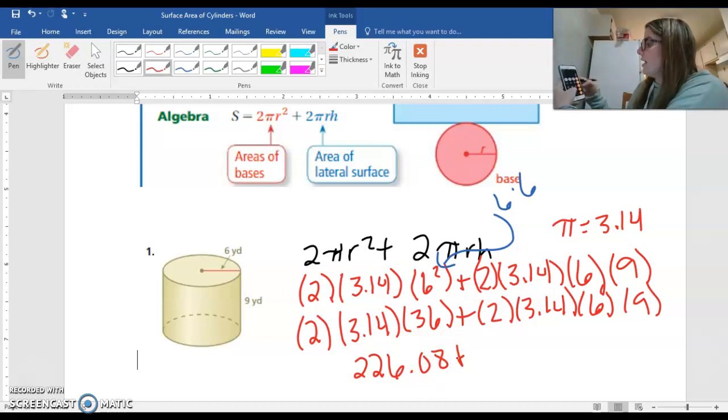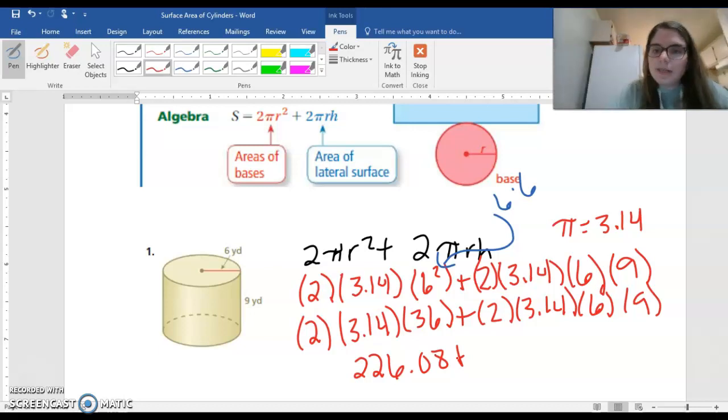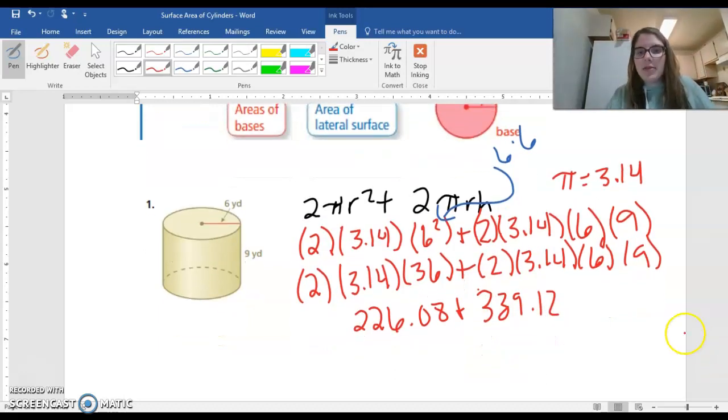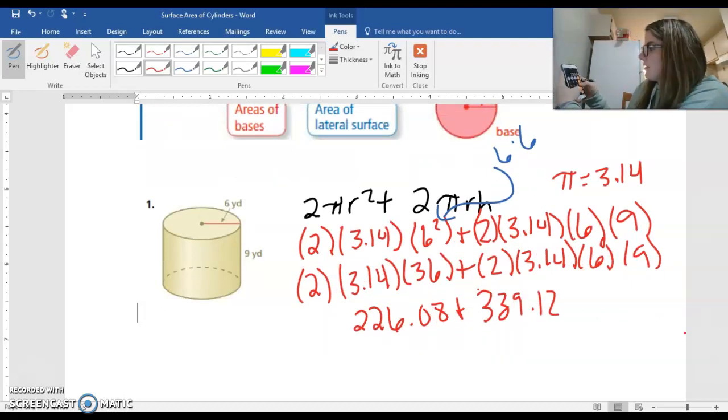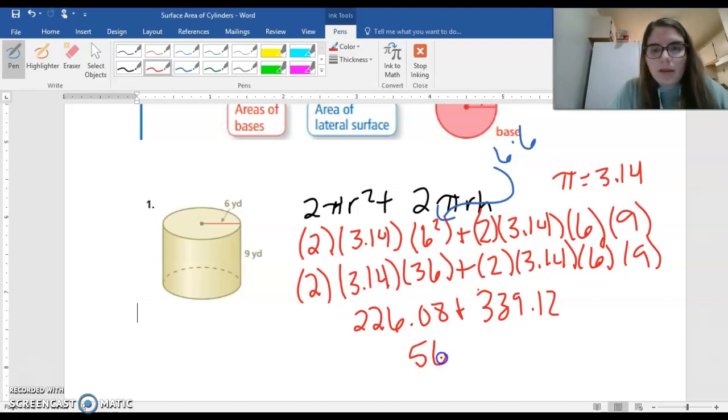Plus 2 times 3.14 times 6 times 9, you get 339.12. And then you can add those two together: 226.08 plus 339.12, and you get 565.2.